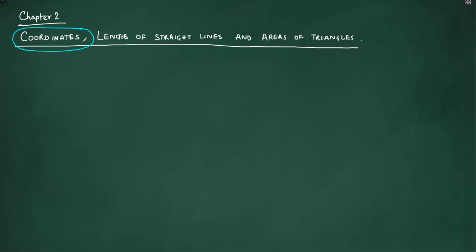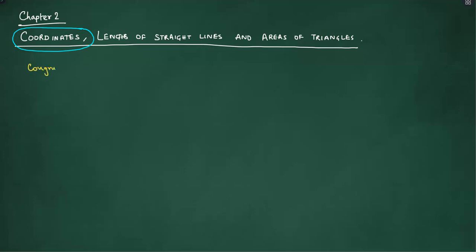Before I start the chapter, does anybody have any idea about what we are going to do in coordinate geometry? I'm sure you have learned about all these concepts before in your school. What concepts am I talking about?